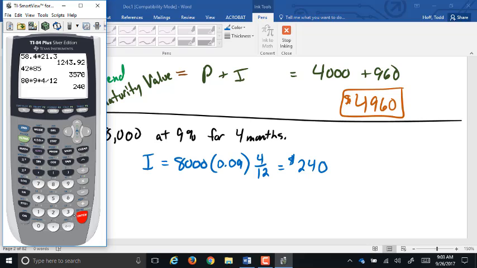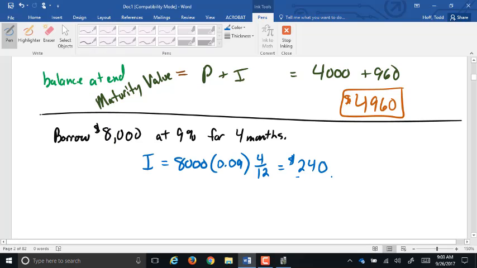You might have put the 4 divided by 12 and then typed it back in, or did a 0.333 as a decimal or something, we give you that little bit of a round off here. So there's $240 in interest. So that means I have to pay back $8,000 plus $240. So $8,240 is what I would have to pay back.